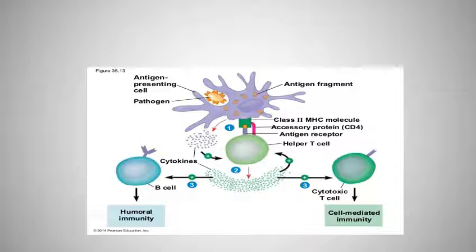Now here you have the dendritic cell. You can see these dendrite-like structures here. This is also an antigen-presenting cell. It has engulfed an antigen and displays it on the surface by an MHC molecule. And you have an accessory protein, also called a CD protein.